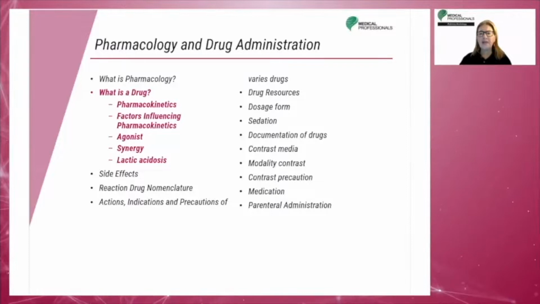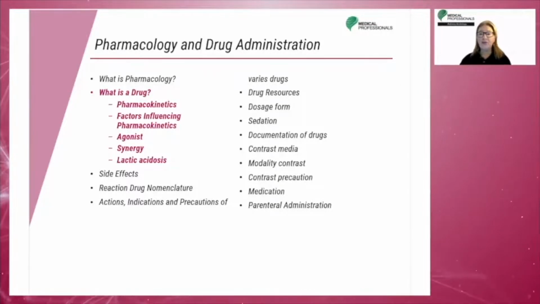A drug is a chemical substance that produces a biological response in a living system. More specifically, it is used to aid in the diagnosis, treatment, or prevention of disease.